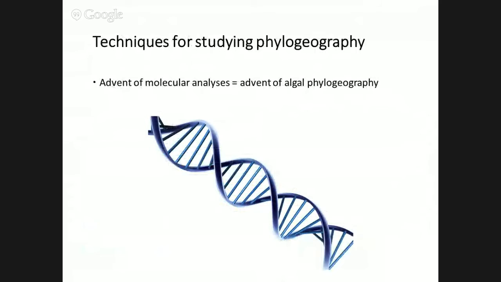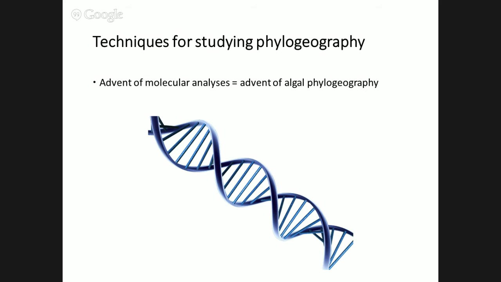Okay, so most of the patterns that I'm going to be showing you today when we're talking about tropical Pacific marine algal phylogeography have to do with DNA data. And using DNA to get information about the evolutionary history of these organisms has really turned around our whole perspective of these organisms.